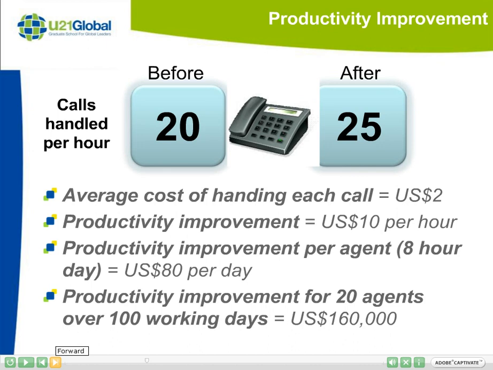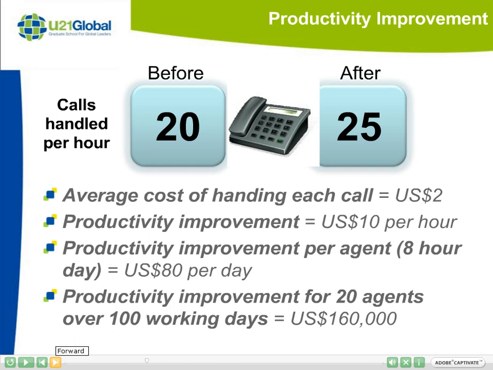Before the training program, they handled 20 calls per hour. However, after completing the program, you find that they're able to handle 25 calls per hour. Now let's just assume that the average cost of handling each call is roughly $2 US. Therefore, the productivity improvement is equivalent to $10 US per hour.